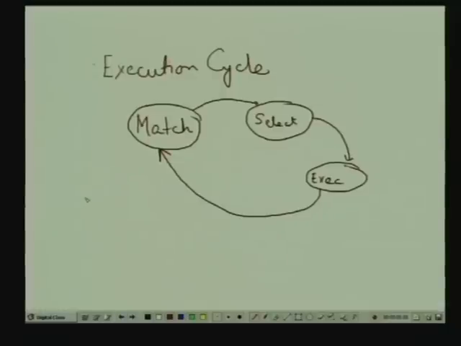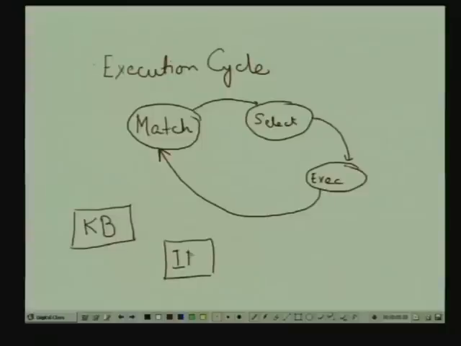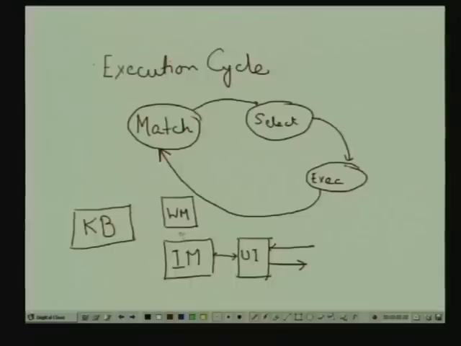The architecture of a rule based system consists of a knowledge base, which we can write for short as KB. There is an inference mechanism, which we are writing IM, inference mechanism or control structure, and there is a working memory. In this working memory, all the current facts are stored, and there is another component, the user interface, as there should be for any system, and the user interactions are through this user interface, which communicates through the inference mechanism.